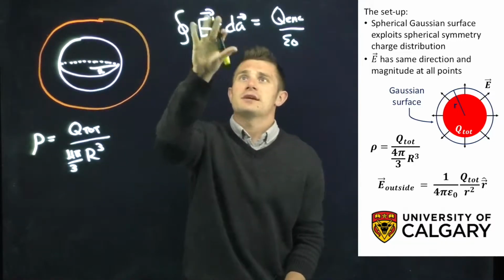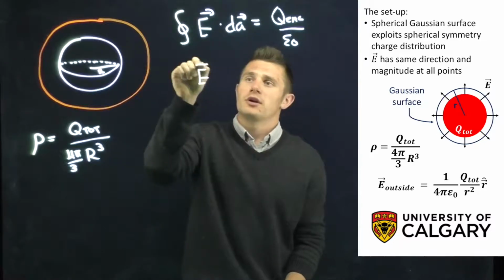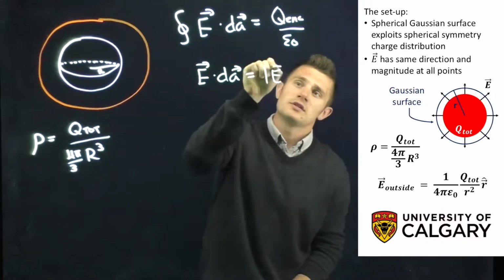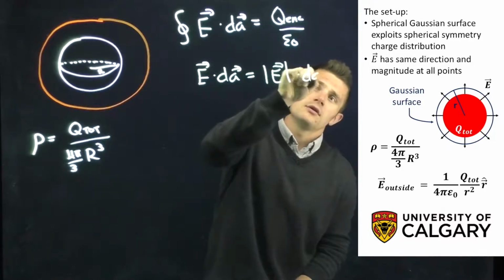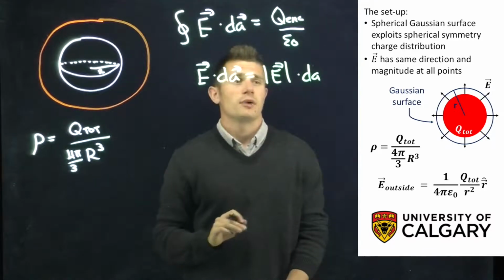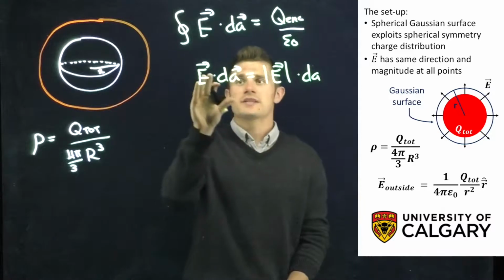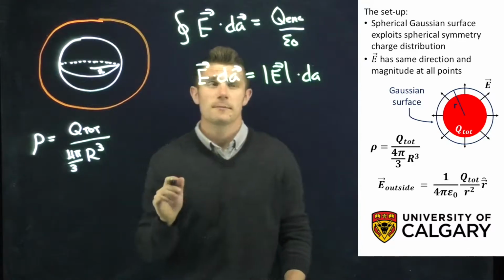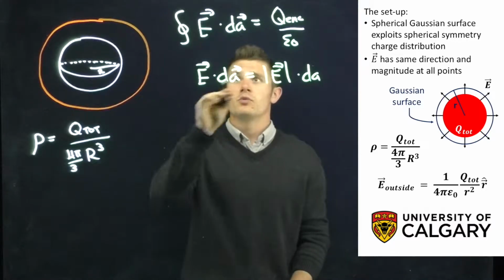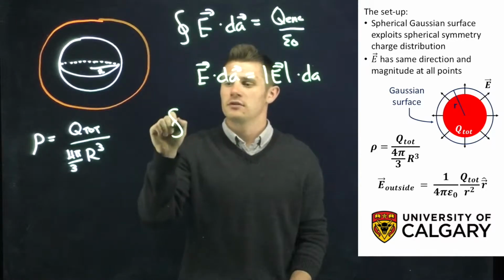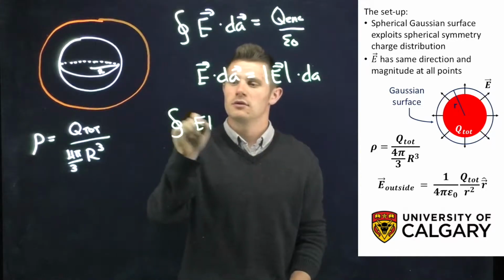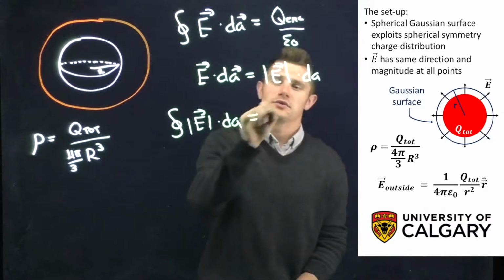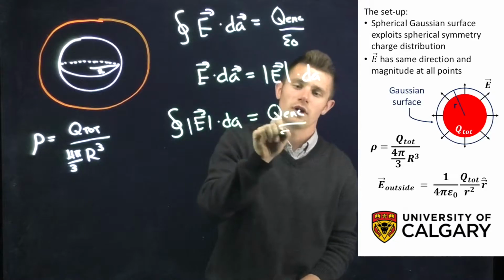So inside this integral we have the dot product, which simplifies down to simply the magnitude of the electric field multiplied by the area, because the two vectors are parallel at all points around this Gaussian surface. Moving forward, we have that the closed integral of the magnitude dotted with dA is equal to the enclosed charge over epsilon naught.